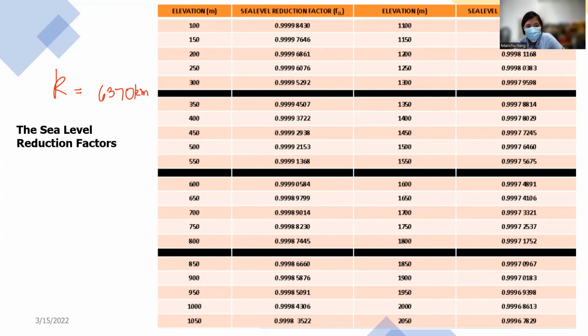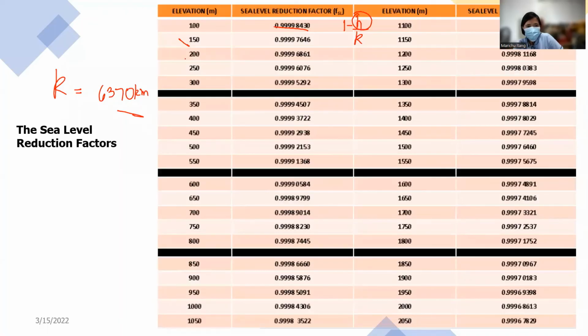You can compute this one by 1 minus H over R, where yung H could be 150, 200, 250, 300.